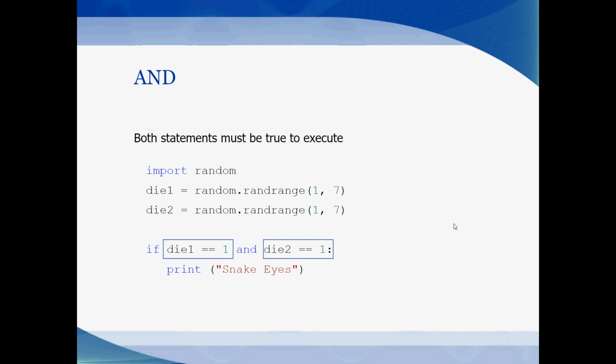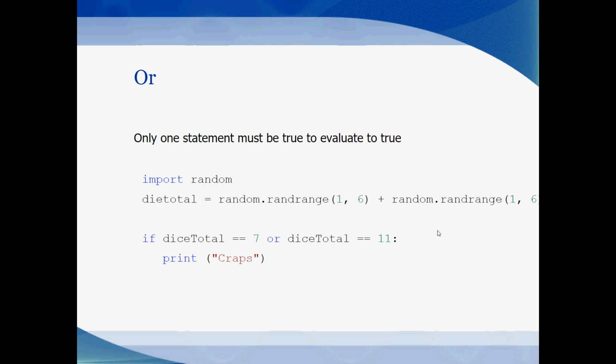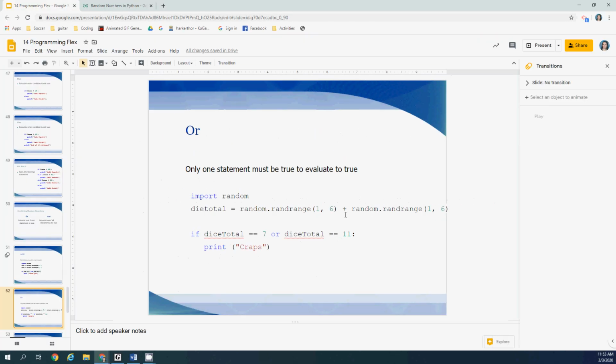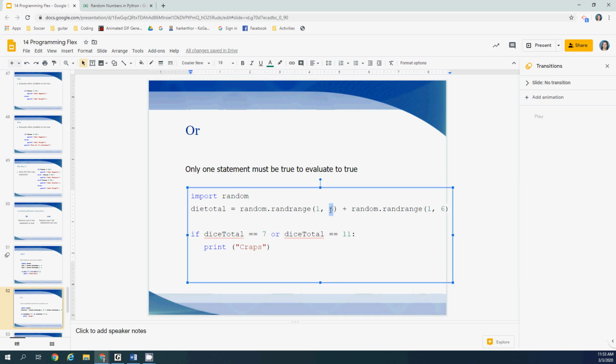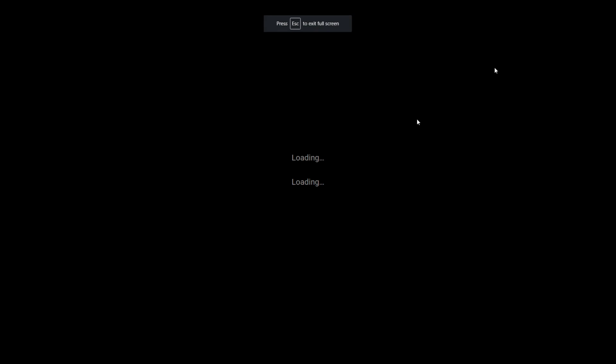Oh, and now I have animations to show that there are two statements there that are combined with the and. Okay, now I have an or example. In this situation, I have a die total, and the die total is equal to a random number between 1 and, once again, if I'm doing dice, I should get this right and put my 7 in, because that is what our random range goes to, right?